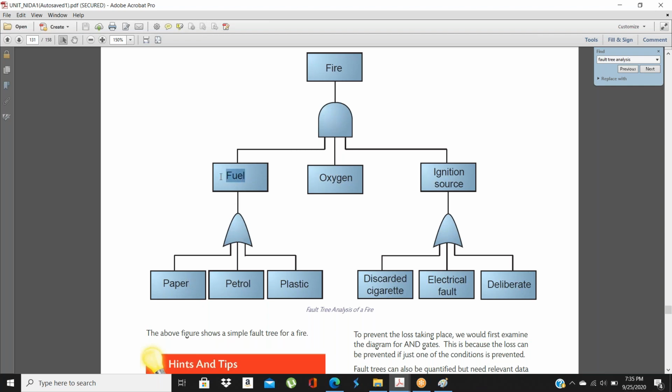This is the fuel, the main event for this gate. Till this point its function is finished. After this is another process.